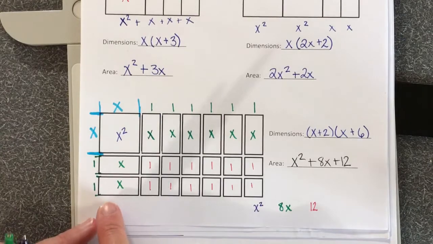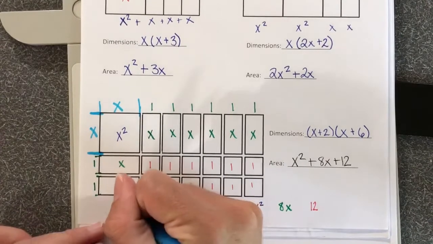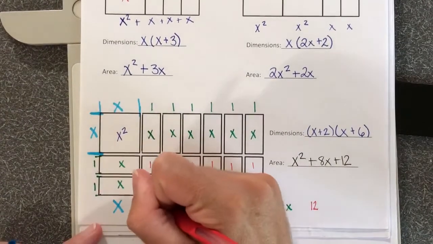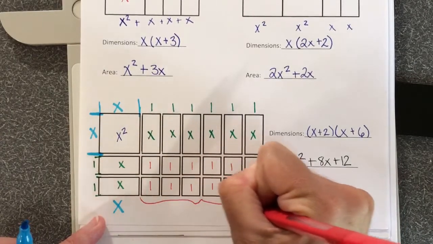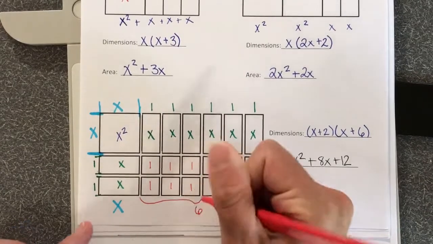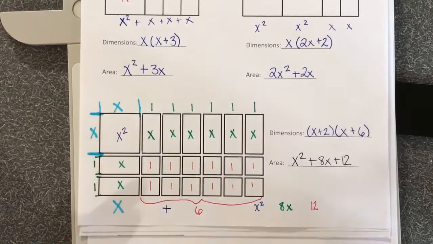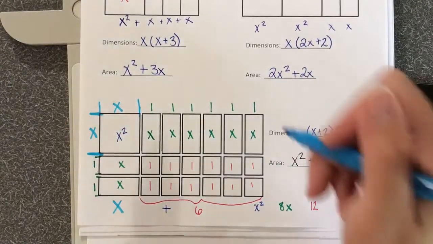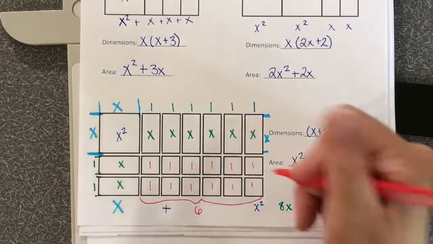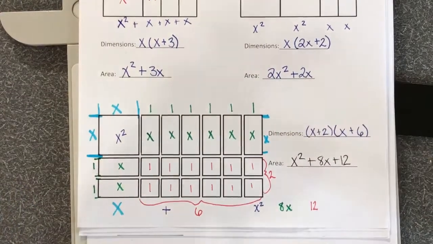What's cool about this is my length is going to be the exact same. Here is my x, a length of x, but also notice I have 1, 2, 3, 4, 5, 6 unit tiles. So I have a length of x plus 6. And again, I have a height of x and 2 unit tiles each with a length of 1, so x plus 2.